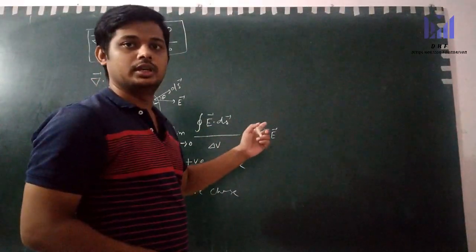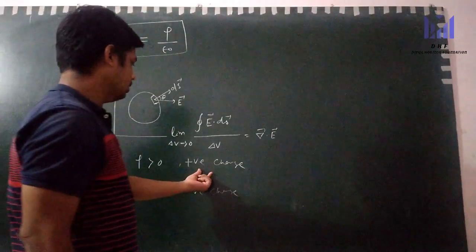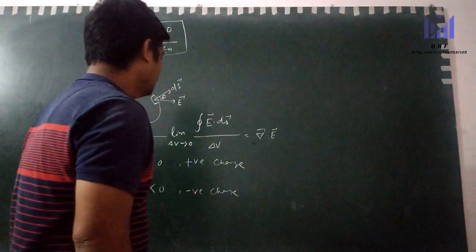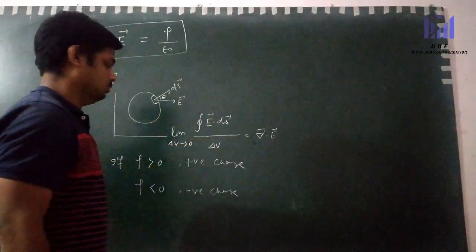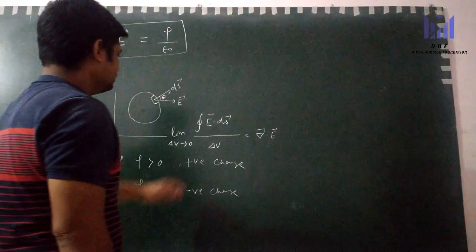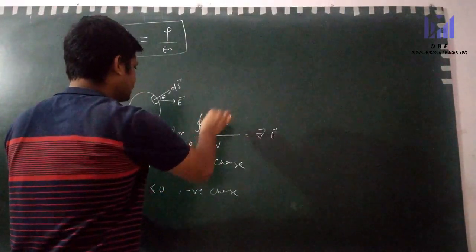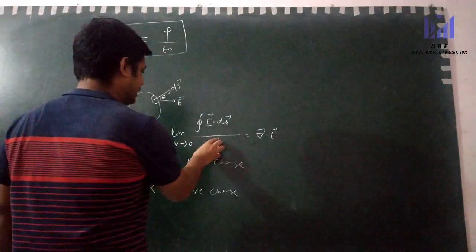So if we say this in the opposite sense, that if at a particular point the divergence of E is positive, meaning the value of this term is greater than 0, then this integration term is greater than 0, however small the volume we take.